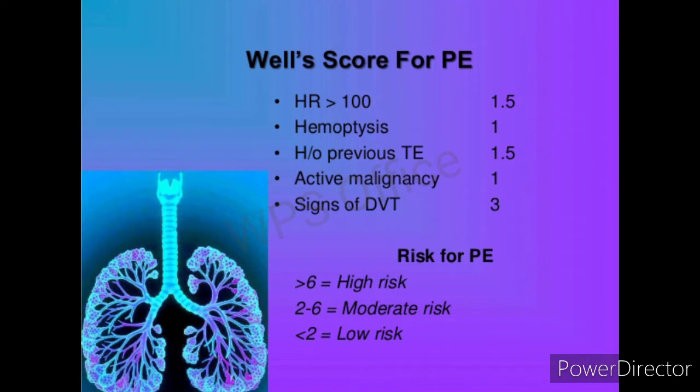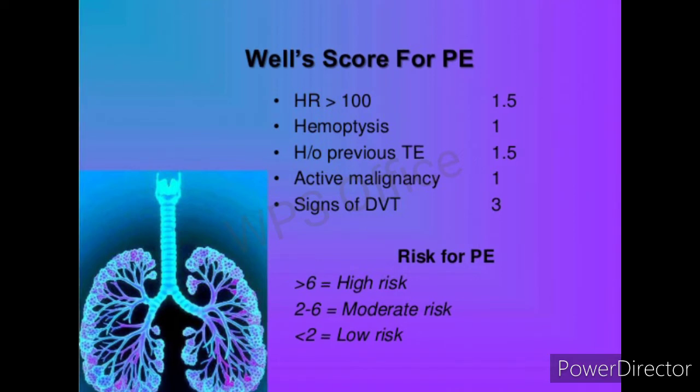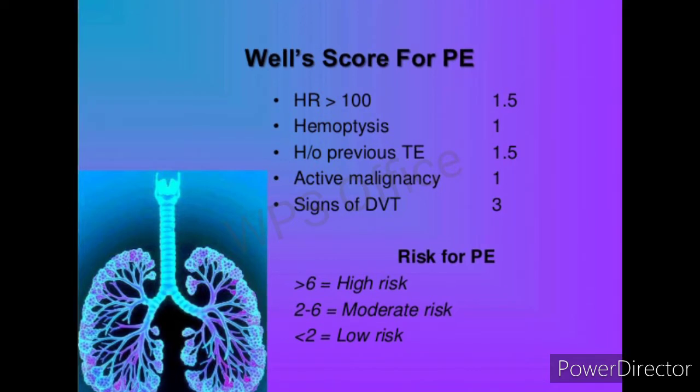Then if the patient is having the history of previous TE, that means the transesophageal echocardiography. This is a diagnostic test which is used. Transesophageal, that means from the esophagus, the endoscope will be inserted.